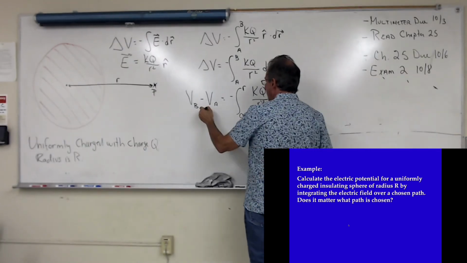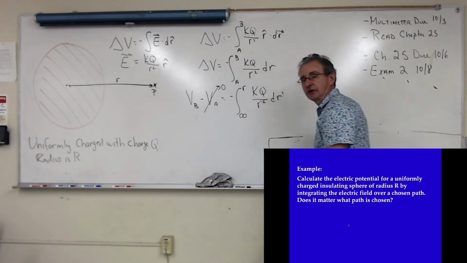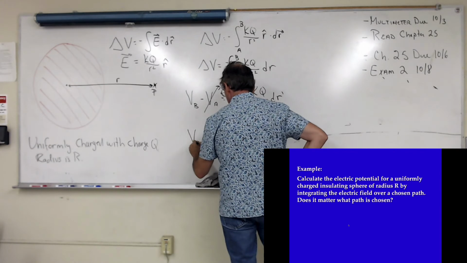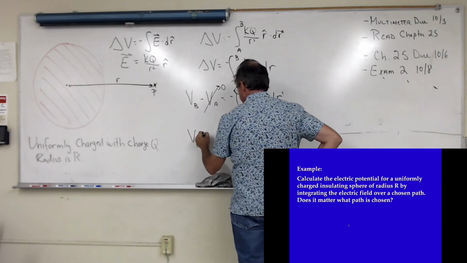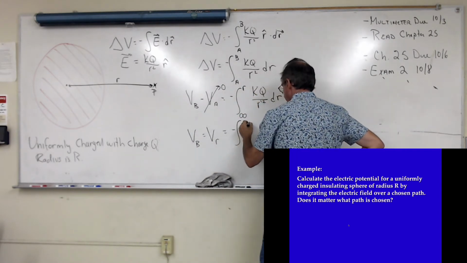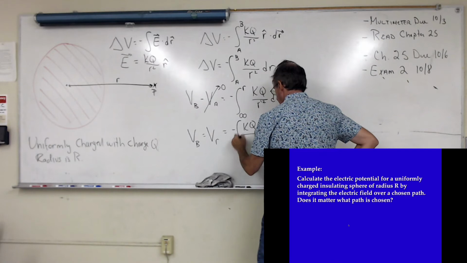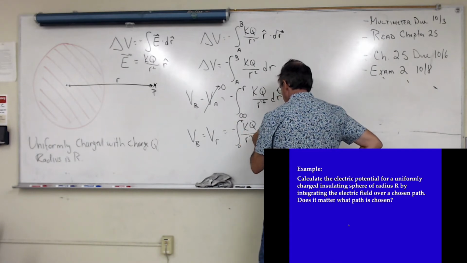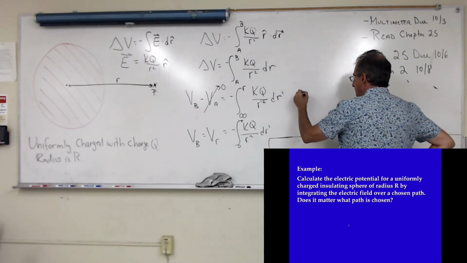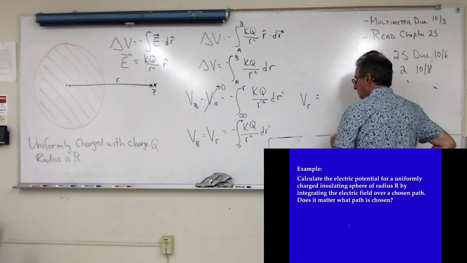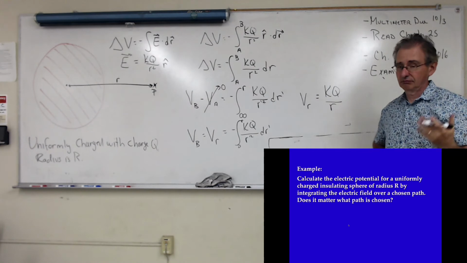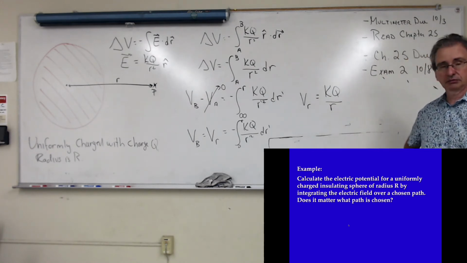At infinity, V is 0, because I defined it as 0 at infinity, and this is a finite charge distribution. So when we get V sub B, which is V sub r, outside the sphere the electric potential is just kQ over r.